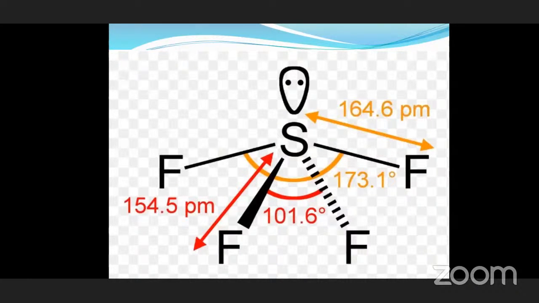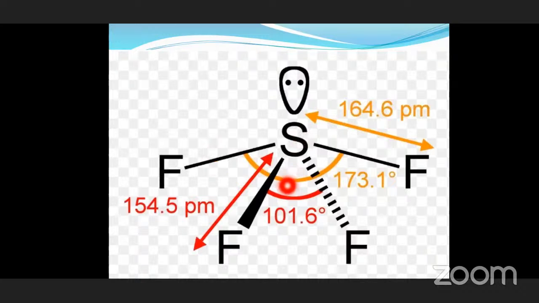Here to here, the bond length is 164.6 picometers, and here to here, between fluorine and sulfur, the bond length is 154.5 pm.